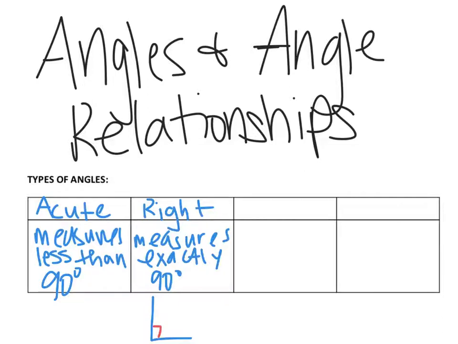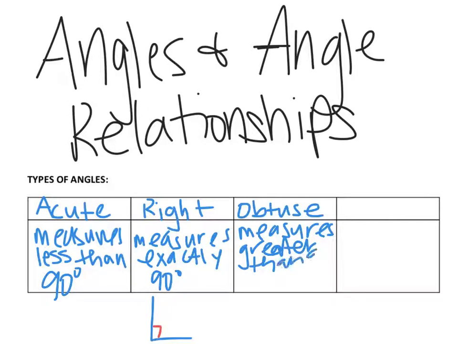The next angle that we're going to review is an obtuse angle, and an obtuse angle measures greater than 90 degrees but less than 180 degrees. Okay, so an obtuse angle measures greater than 90 degrees, but less than 180 degrees.